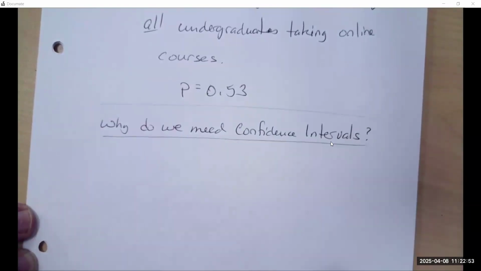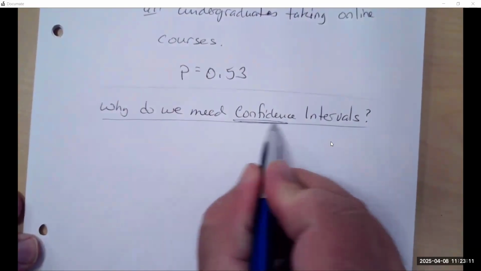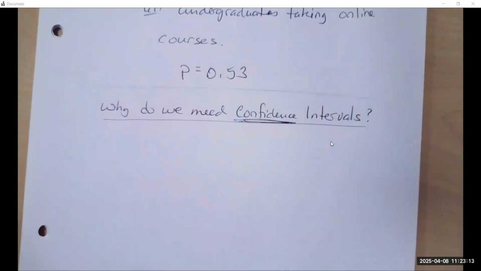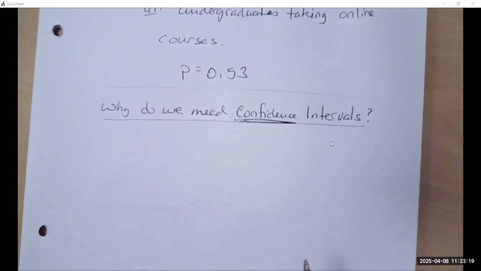Why do we need a confidence interval? It has to do with the word confidence. If I give you a confidence interval, then I am confident. There's a certain reasoning, a certain validity behind that.